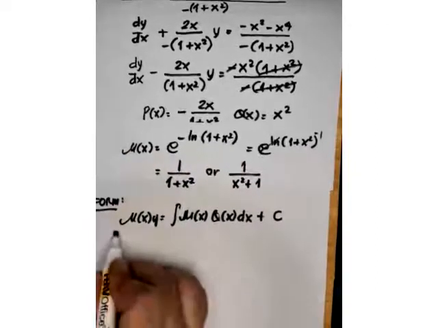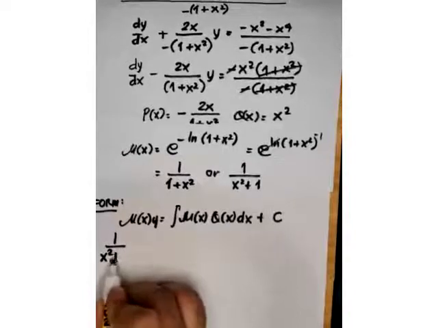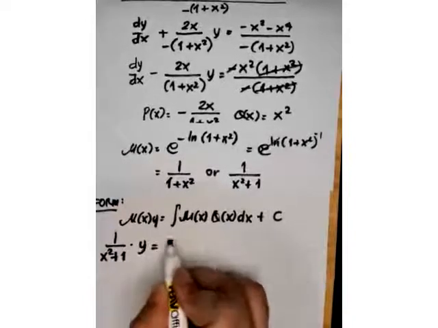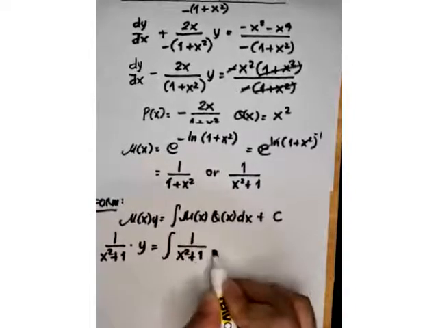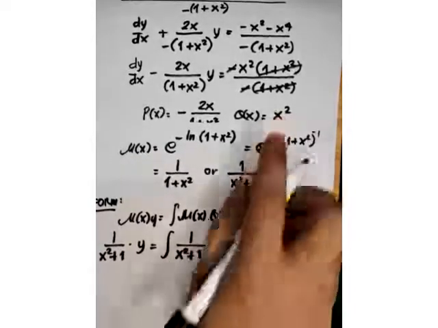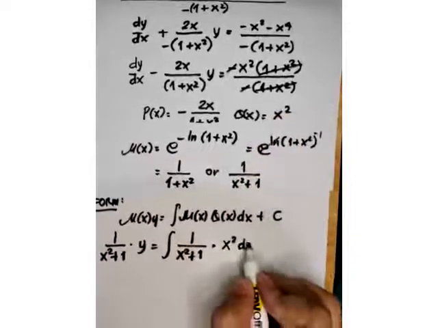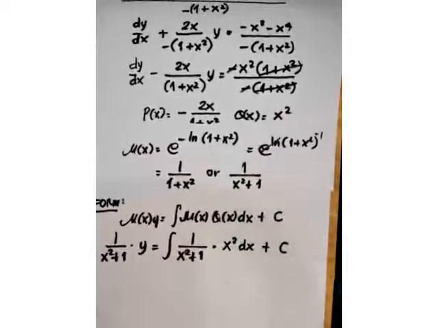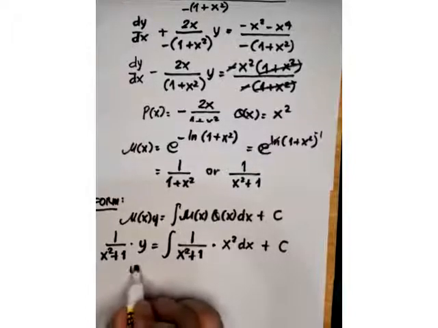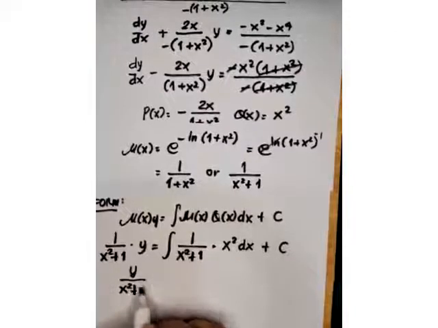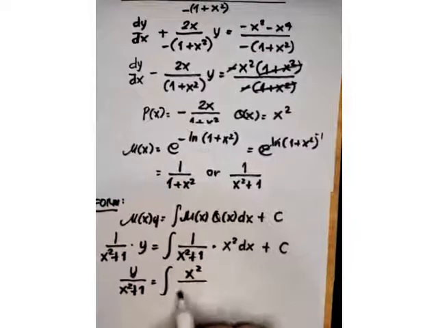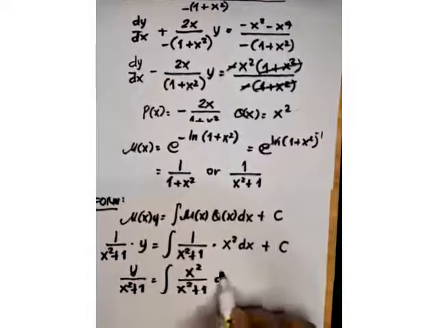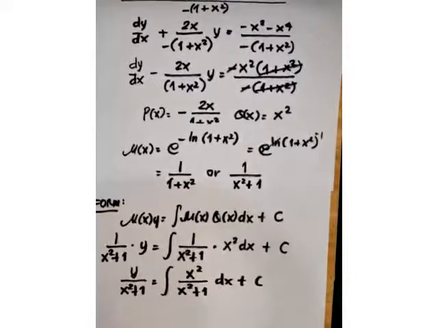So mu of x natin is 1 over x squared plus 1 times y is equal to the integral of 1 over x squared plus 1 times q of x natin is x squared dx plus c. Ayan. So let's try to simplify. So y over x squared plus 1 is equal to the integral of x squared over x squared plus 1 dx plus c.